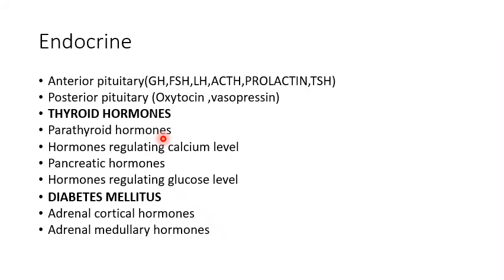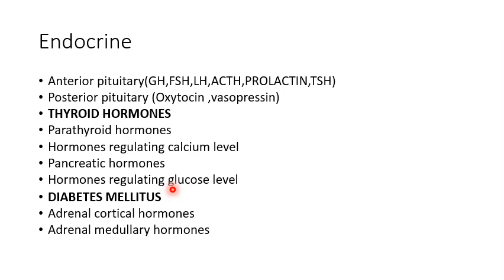Parathyroid hormone: the functions of parathyroid hormone and how it regulates the calcium level along with vitamin D and calcitonin. Pancreatic hormones, we have four hormones by A, B, D, and F cells. And here, the most common question will be hormones regulating blood glucose level, which includes insulin and glucagon.